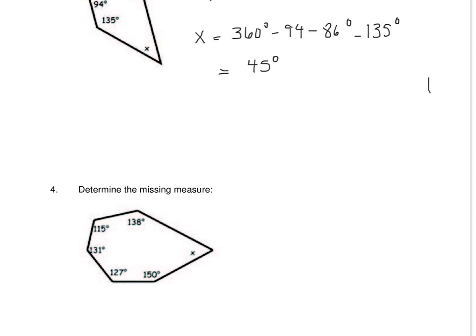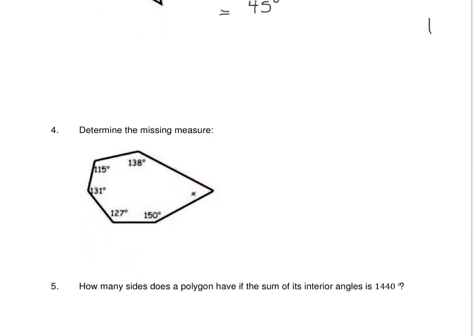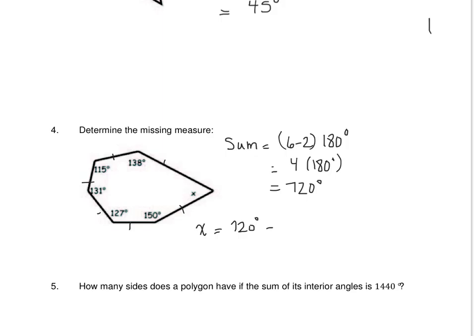And similarly for number 4, let's count the number of sides there. 1, 2, 3, 4, 5, 6 sides. So 6-sided figure, we just did it a few minutes ago, but if you can't remember, the sum should be 6 take away 2 times 180, which would be 4 times 180, or 720. And therefore, x should be 720 then. Take off all those angles.